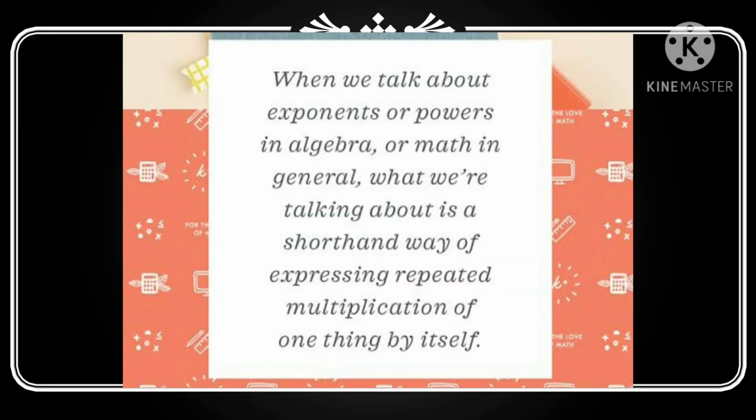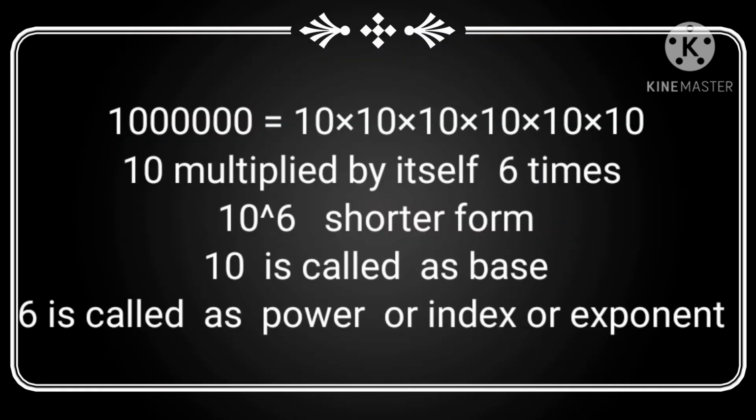In general, when we talk about exponents or powers in algebra, it simply means we are talking about the shorthand way of expressing repetitive multiplication of one thing by itself. Can you guess the number projected here? Yes, it is 1 million, and 1 million has got 6 zeros.